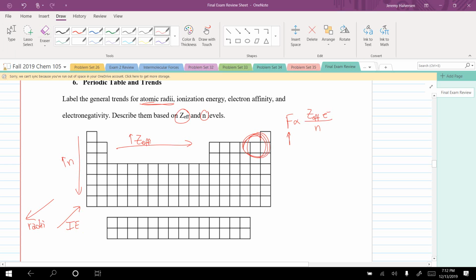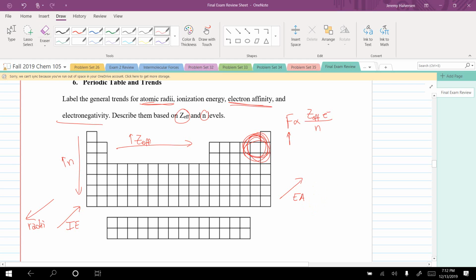Yeah. Okay, so electron affinity, what is that? How much it wants an electron, okay? So if up here has the strongest pull, what wants an electron the most? Up there. What about electronegativity? What is electronegativity? But that's electron affinity. Is that what I asked for?